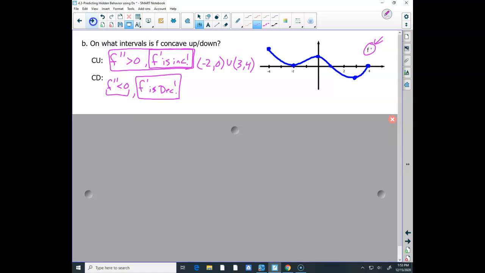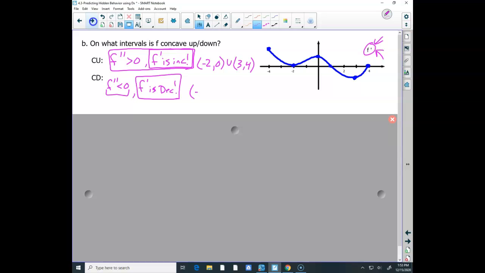And I'm just working through the clouds of knowledge. So I just got to say, okay, well, f, my original function, is going to be concave down when the second derivative is less than 0, or that's when f prime is decreasing. Again, this is f prime, so where is f prime decreasing?